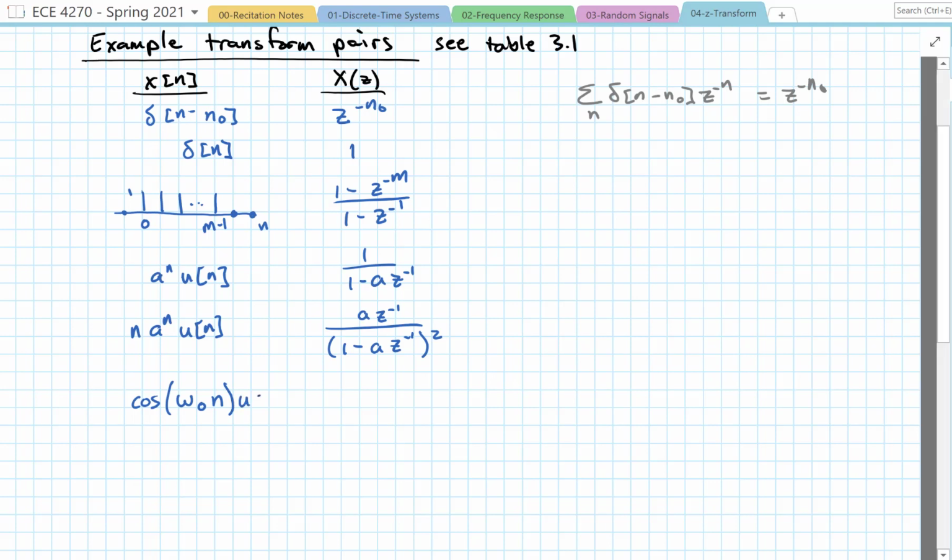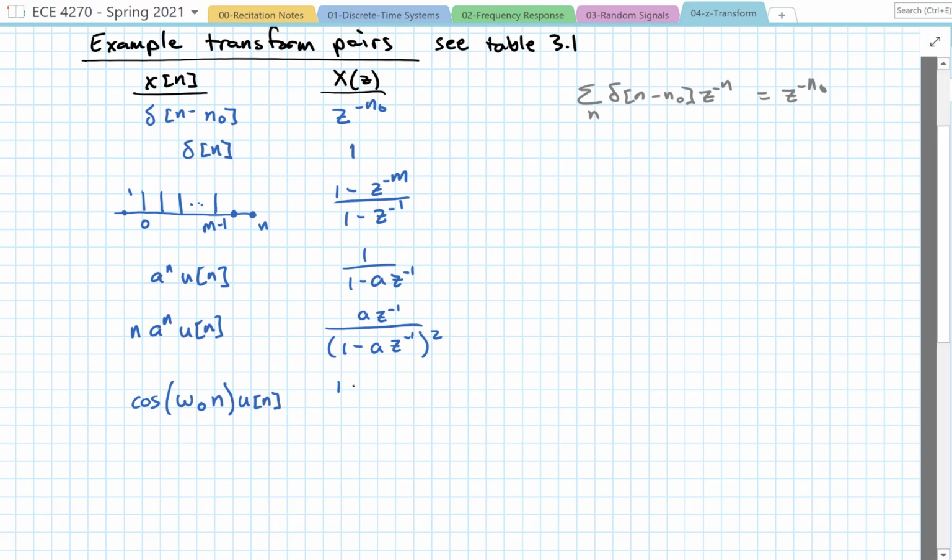And indeed it does not. Because if you choose z such that z to the negative n goes to 0, then as you move towards negative infinity, it will blow up to infinity. So that's not going to work either.